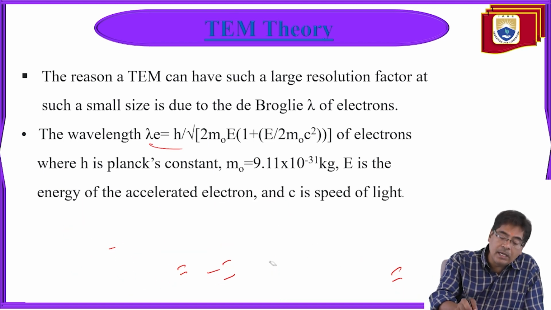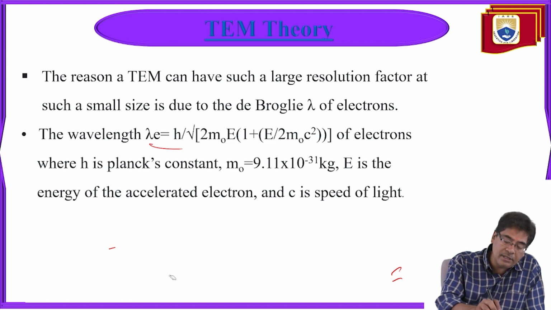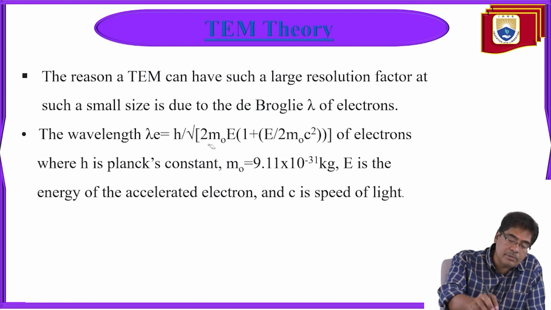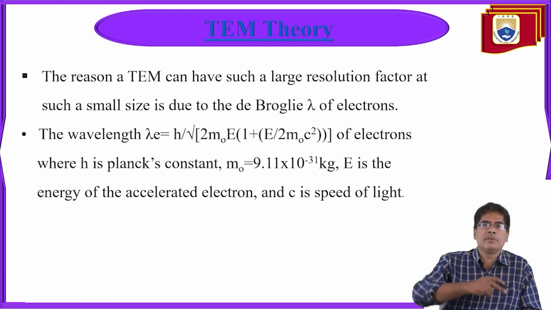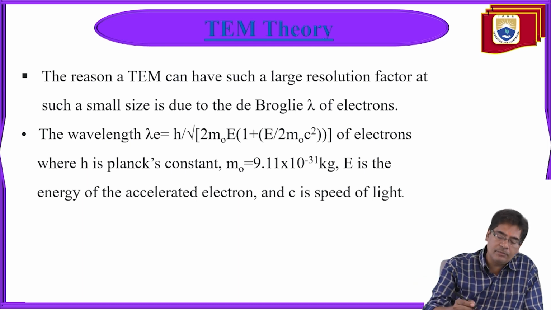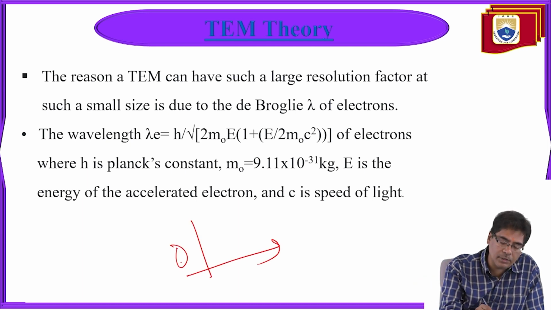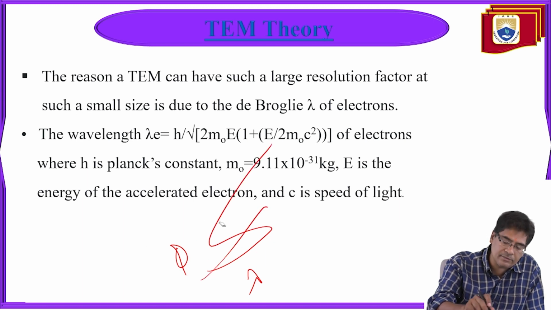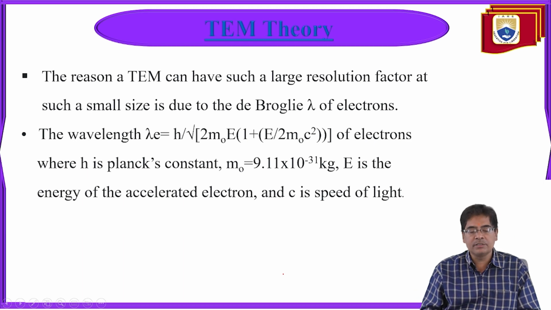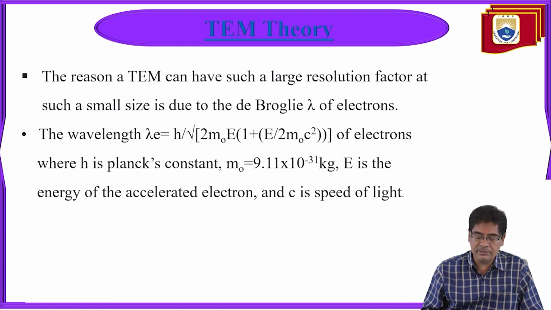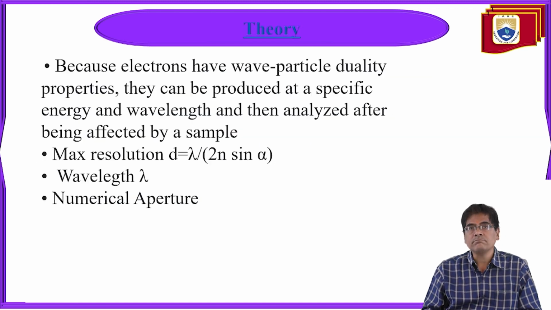In the Davisson and Germer experiment, the accelerating potential was 54 volts, where we observe a peak at a particular angle phi. Here h is Planck's constant, m naught is the rest mass of the electron, E is the energy of the accelerated electron, and c is the speed of light.